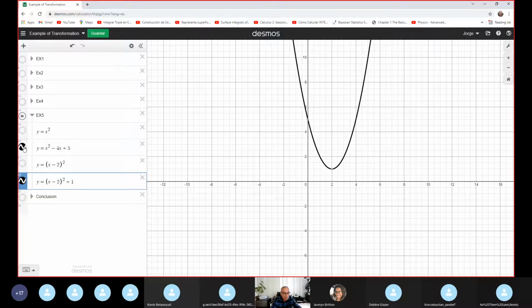Using the same color, no, I want to change the color. I want to change to blue, for example. And so you see that there is perfect coincidence between the black and the blue. It's the same. They are equivalent. The only thing I did was the transformation of completing the square to see much better. But it's equivalent. It's the same thing. Any question? How do you feel about that part?